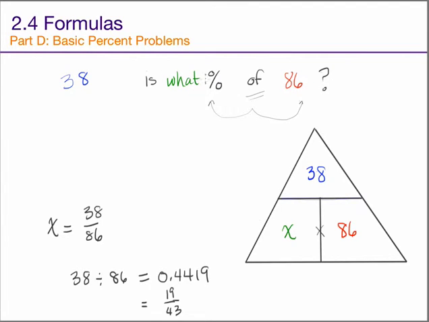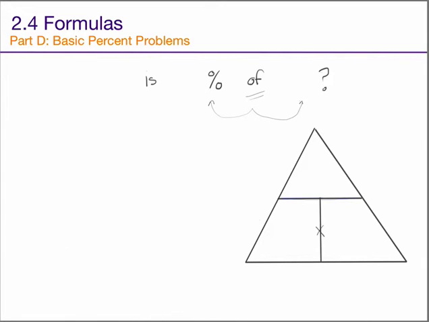In this case, it's the percentage that's missing. The first value and the last number are given. Let's do one where we have the first value and the percentage, but the last number is missing.